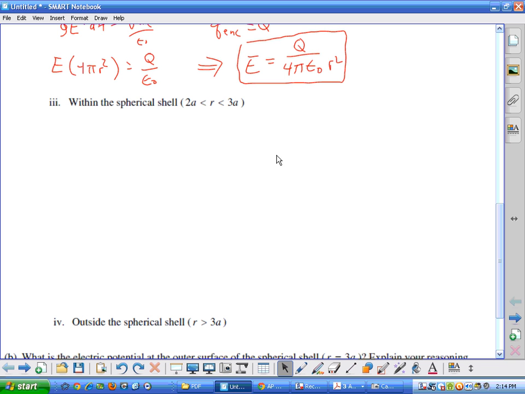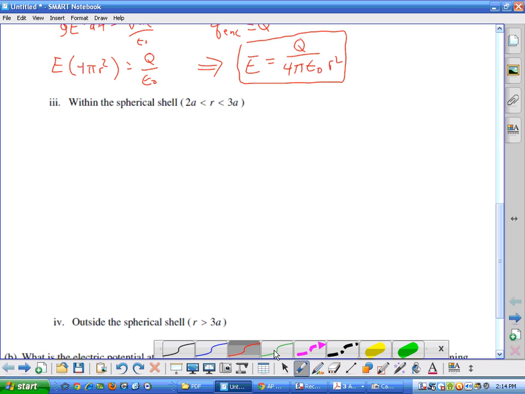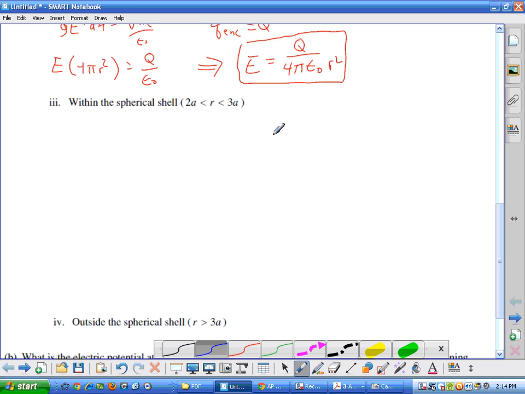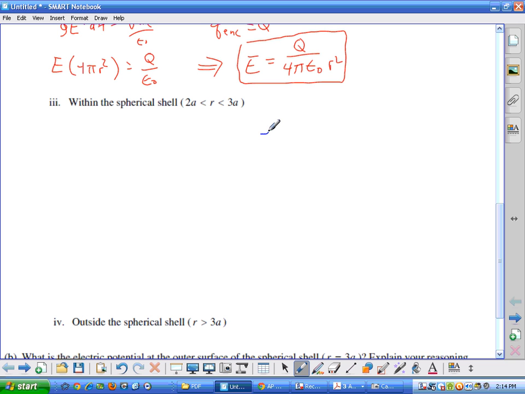So as we go through to do this, the first thing I want to do is figure out the enclosed charge. To figure out the enclosed charge, I need to first find the charge density. The charge density is, again, the charge per volume.